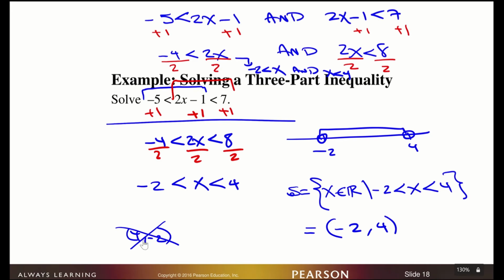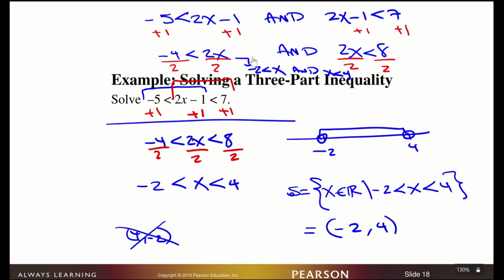So this would be impossible, because this would be a nonsense interval, because you can't have the left value larger than the right value. So this could be an ordered pair, but it could never be a what? An interval, right? All right, so there is how you would solve a 3-part inequality. Whatever you do to one part, do it to all 3 parts, and it's very, very simple, okay?